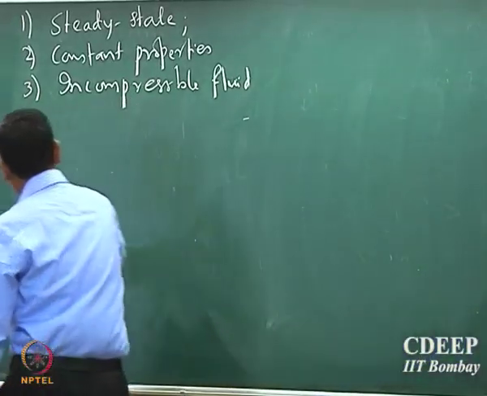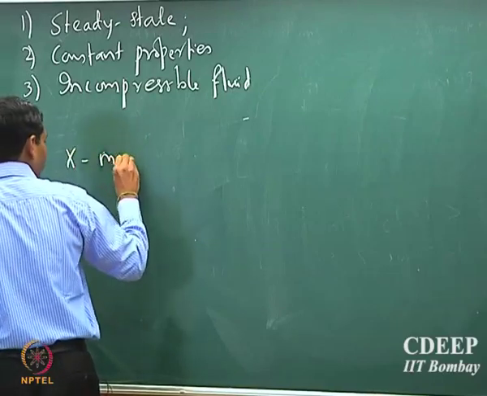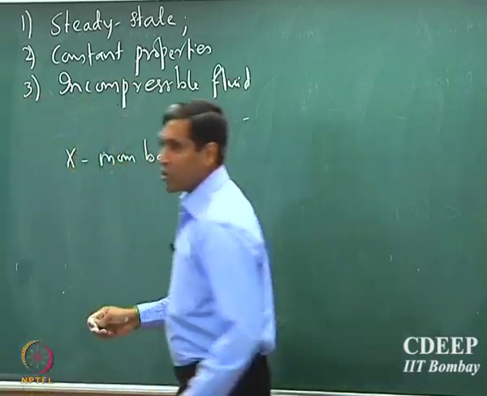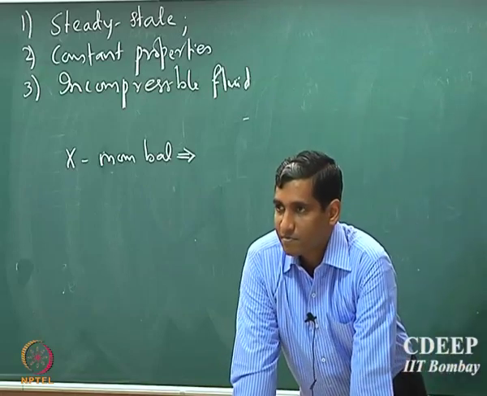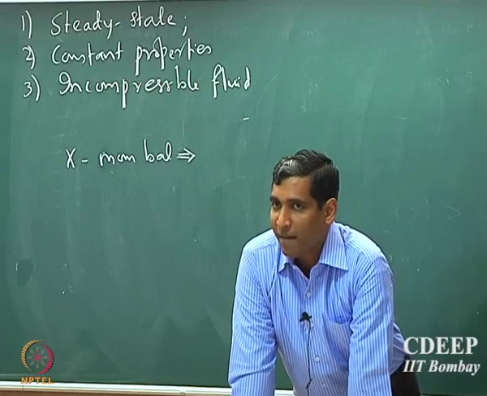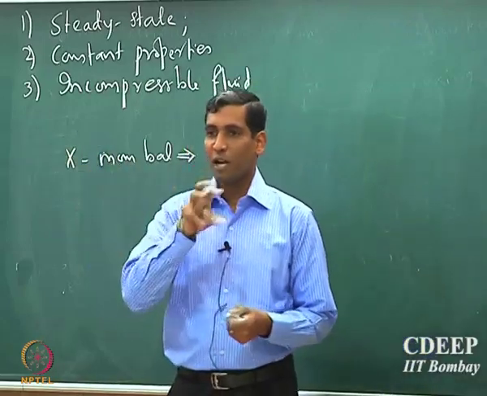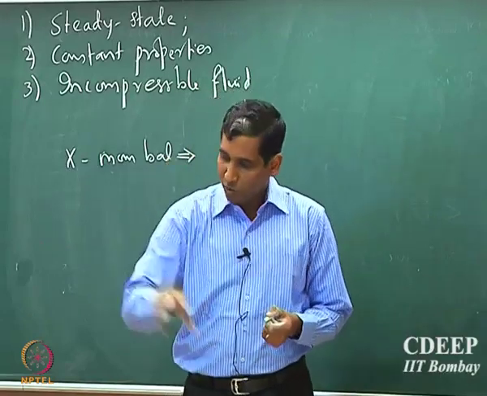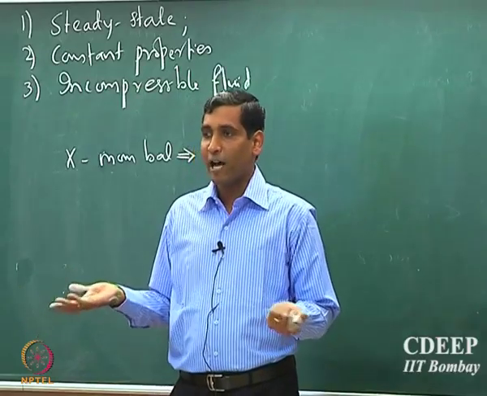All right, so we need to write the x momentum balance. What are all the processes which are likely to occur? Remember that whenever you write balances, you must identify the individual processes which are occurring in that problem, and then you find out what is the mathematical representation and put the correct signs to it, and you're done.